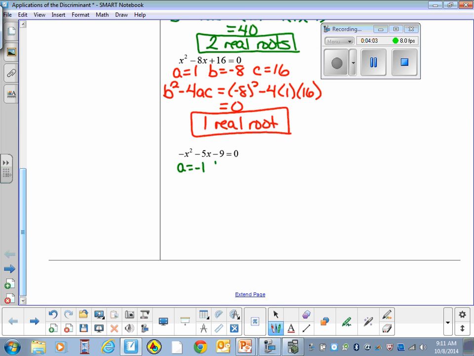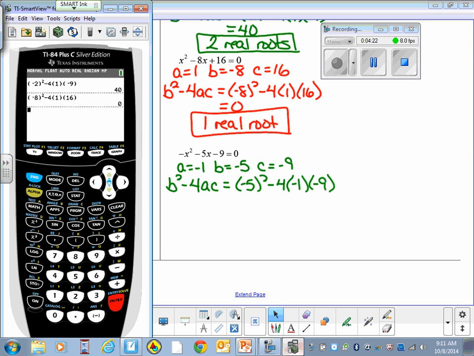A equals negative 1, B equals negative 5, C equals negative 9. B squared minus 4ac. Negative 5 squared minus 4 times negative 1 times negative 9. Go to our calculator. Negative 5 squared minus 4 times negative 1 times negative 9.